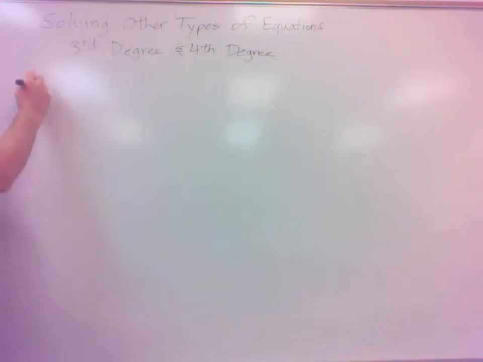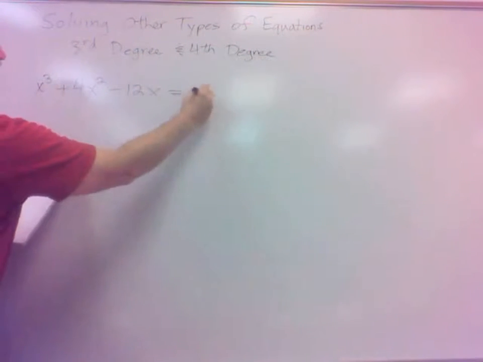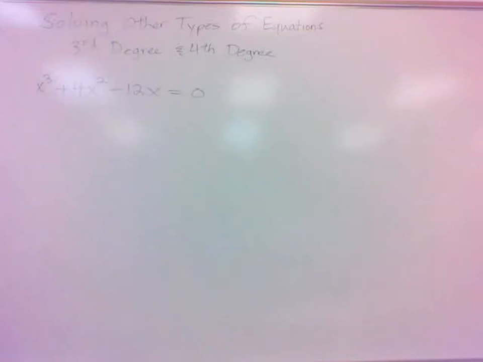For example, x cubed plus 4x squared minus 12x, let's let that be equal to 0. How might we go about solving that one? Well, do you see there, first of all, we could start factoring, couldn't we?